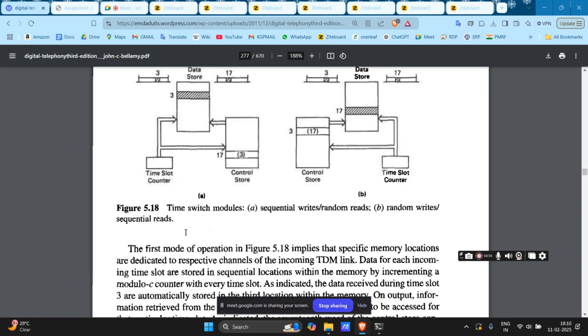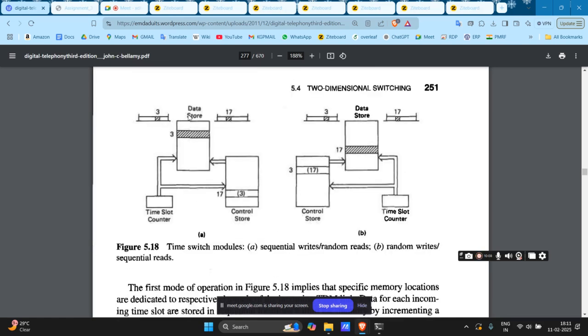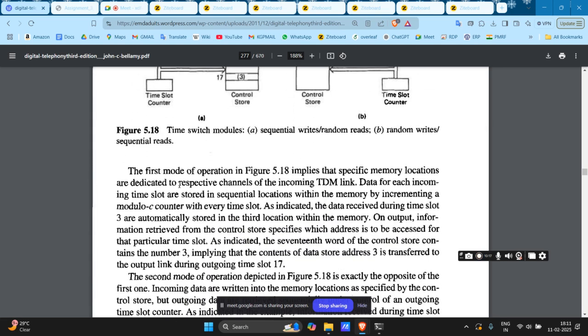Data for each incoming time slot is stored in sequential locations. As indicated, the data received during time slot 3 is automatically stored in the third location. Whatever data comes third will get written in the third location, not in a random location.